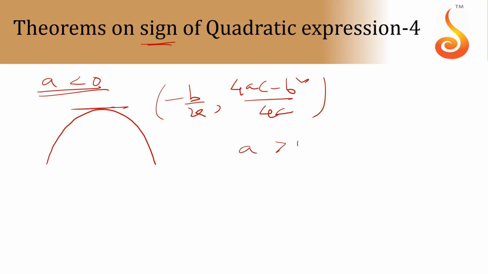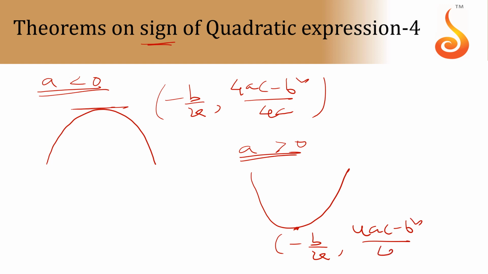If a is greater than 0, it will be an upward parabola. So same, minus b by 2a, comma 4ac minus b square by 4a is the vertex. Means at x equal to minus b by 2a, the quadratic expression for all x belongs to R will have a minimum value 4ac minus b square by 4a.